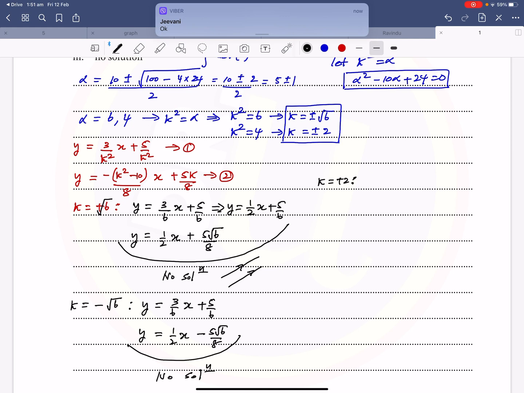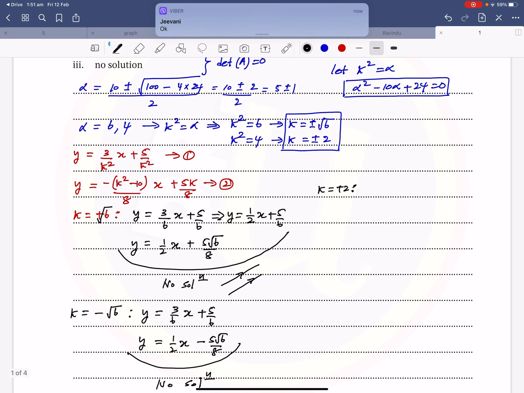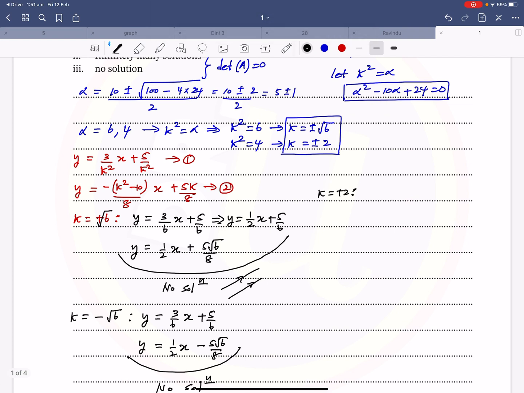Then y is equal to 3 divided by 4 x plus 5 divided by 4 for the first equation. For the second equation, when k is equal to 2, k squared is 4, so 4 minus 10 is minus 6, and 6 divided by 8 is 3 divided by 4, so again 3 divided by 4 x plus 10 divided by 8. 10 divided by 8 is 5 divided by 4.